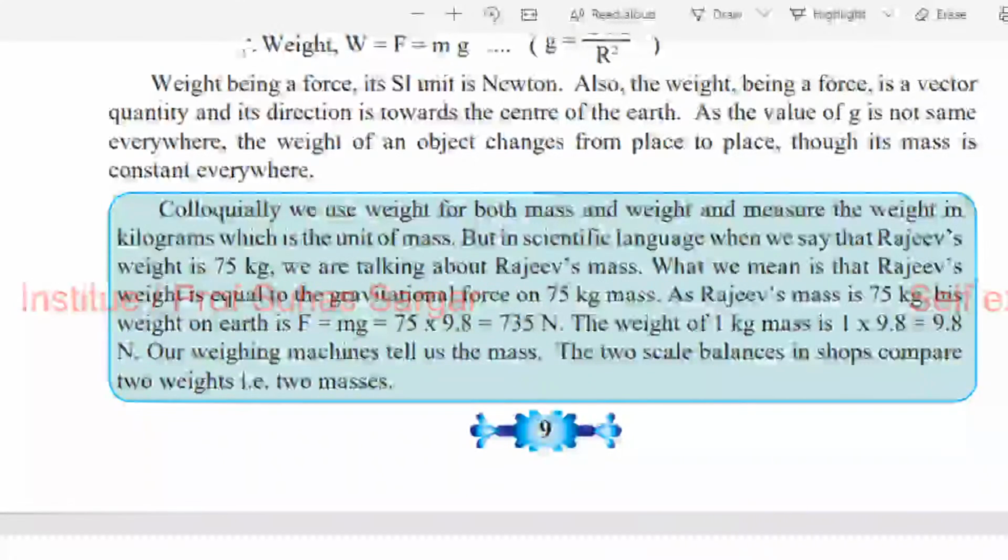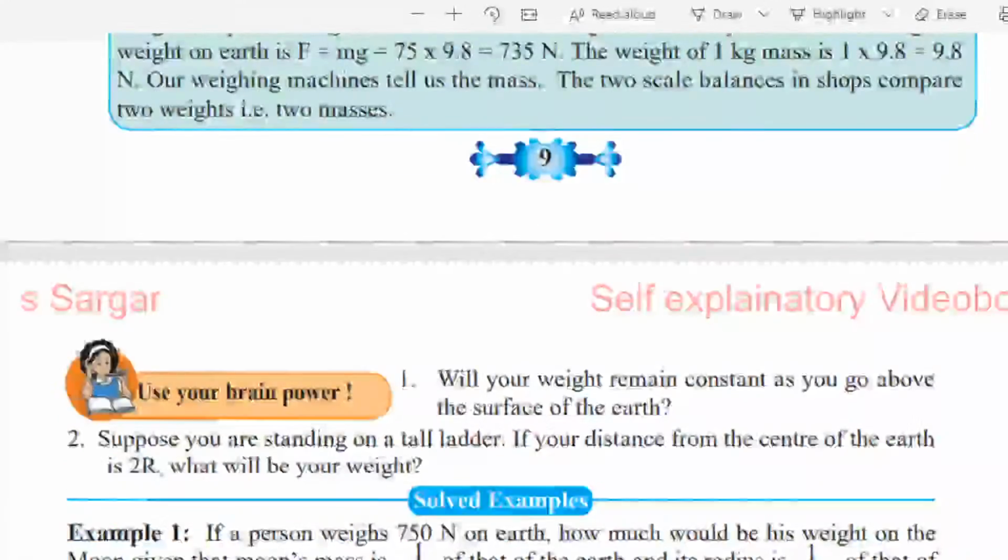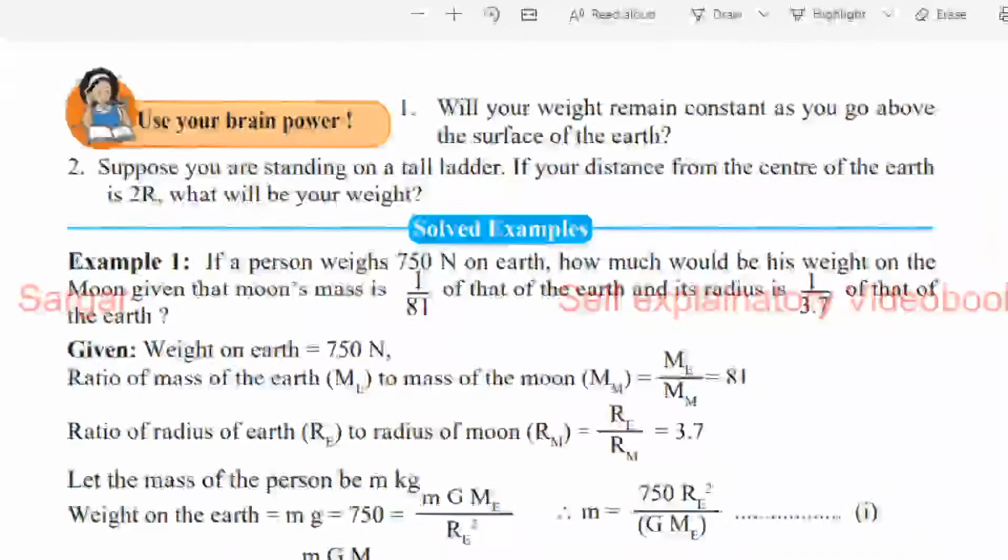The weight of a 1 kg mass is 1 into 9.8, equal to 9.8 Newton. Our weighing machine tells us the mass. The two-scale balance used in shops compares two weights, that is, two masses.